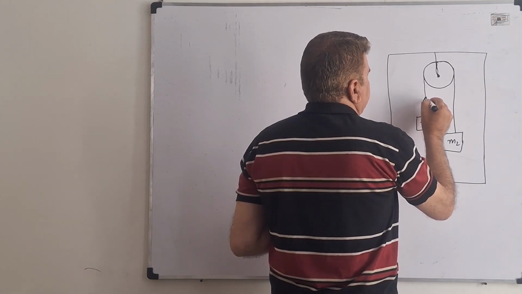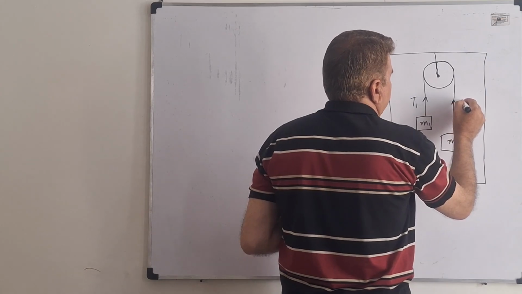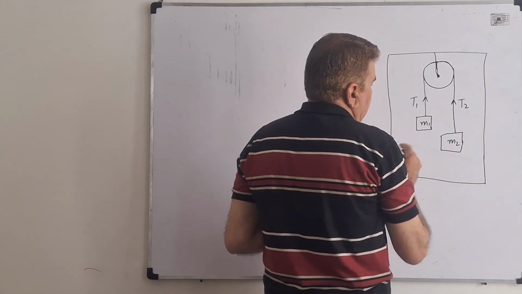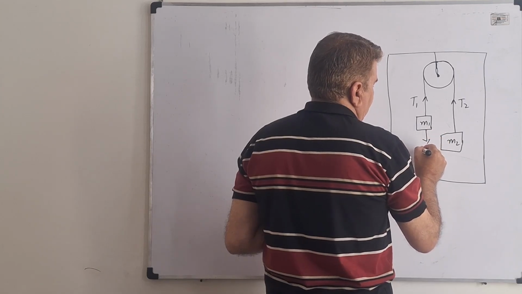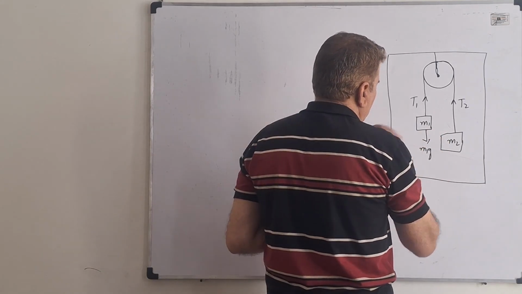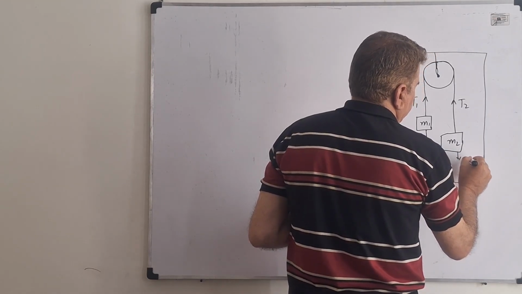Obviously, there is tension and I call this T1 and this one I call T2. Then the weight of this mass is M1g acting in the downward direction and of this one is M2g.